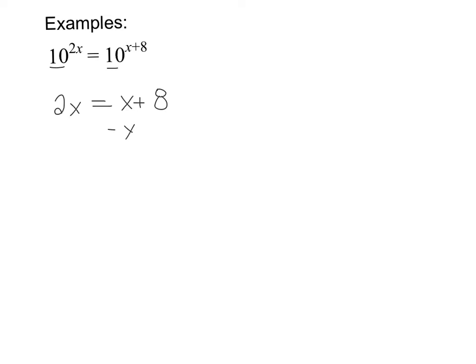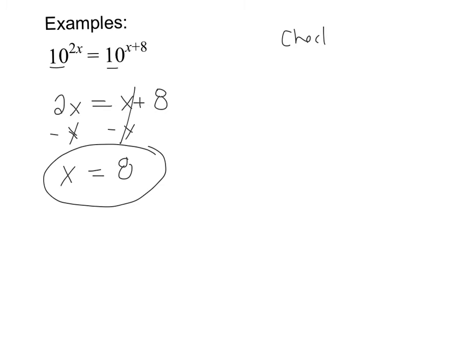To solve this, I will subtract x from both sides. So 2x minus 1x is x. This would cancel, and this would just leave us 8. So x equals 8 would be the solution to this equation. We can check it to make sure it's correct.